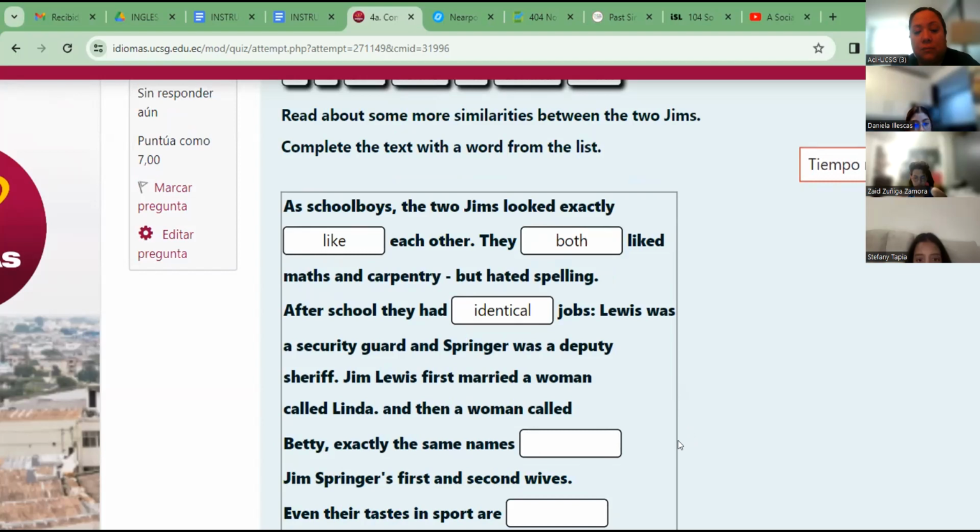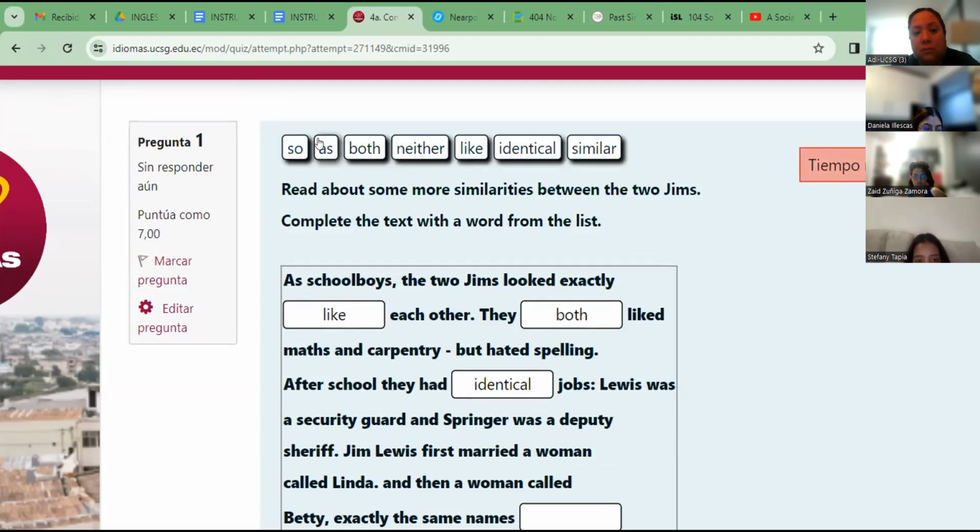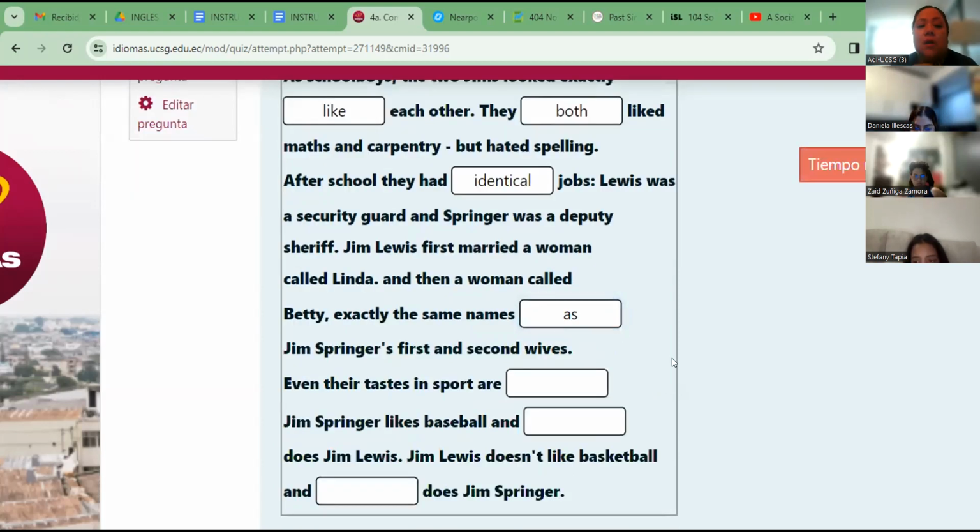Jim Lewis first married a woman called Linda, and then a woman called Betty, exactly the same names as Jim Springer. First and second wife. Yes, thank you.